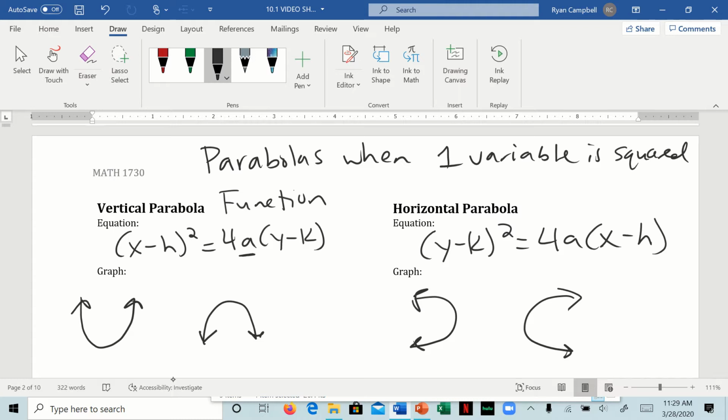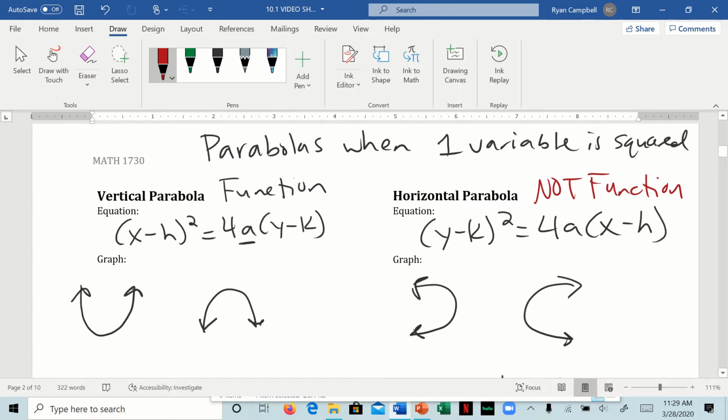Are the left and right ones functions? No, they don't pass the vertical line test. And when y is being squared, it's also not a function. So that might be a good way to remember. The x squared, that's a function, so that's going to go up and down. The y squared, that's not a function, so that's left and right.